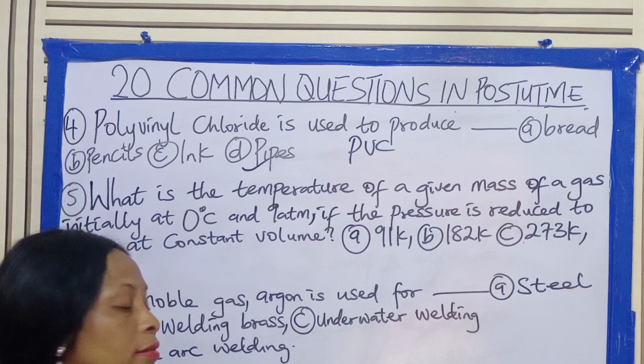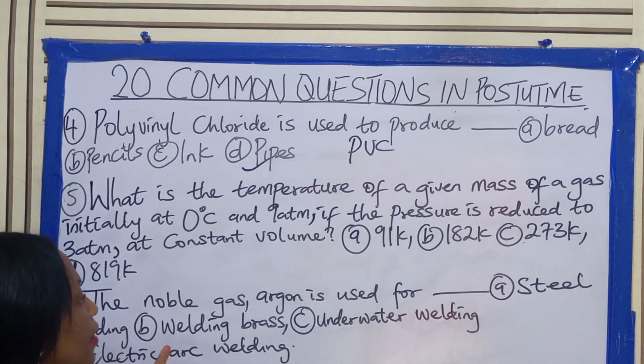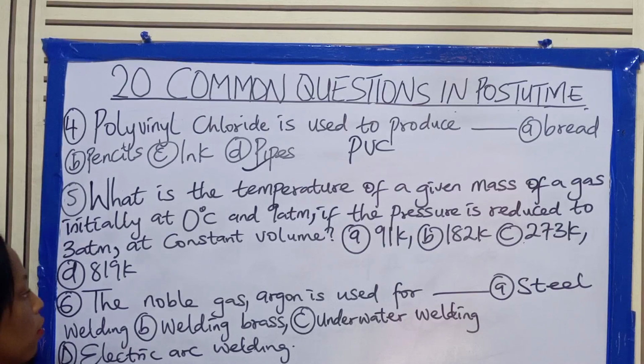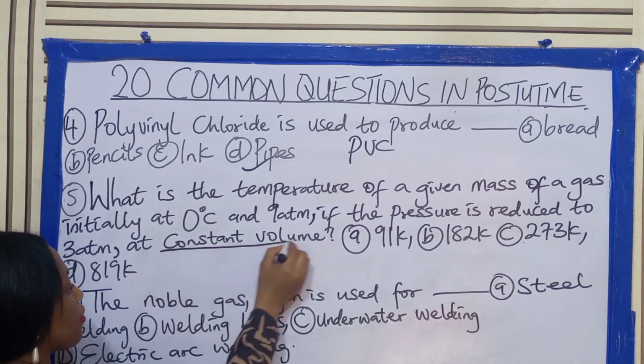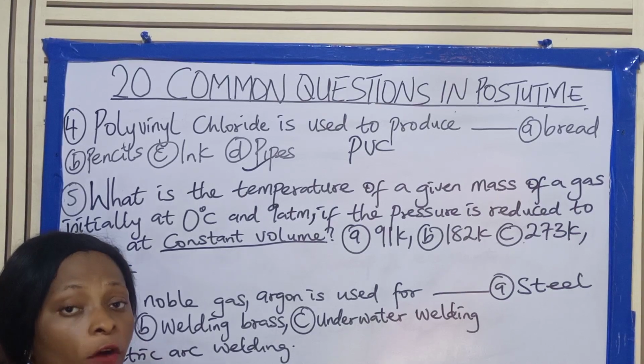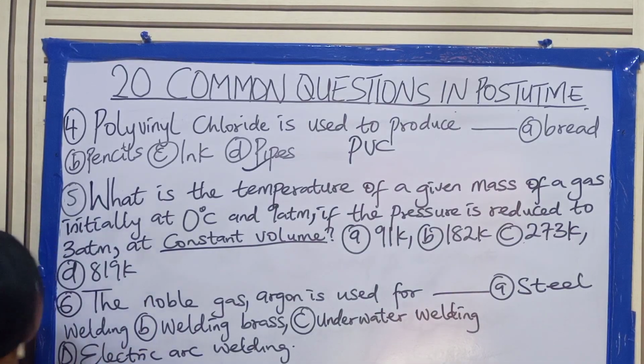Number 5, what is the temperature of a given mass of a gas initially at 0 degrees Celsius and 9 atm if the pressure is reduced to 3 atm at constant volume? Please, the question says at constant volume. So the volume is constant. Let's write out the parameters given.